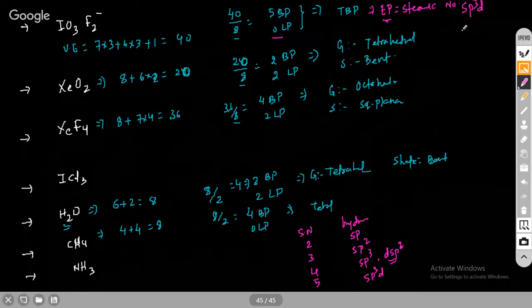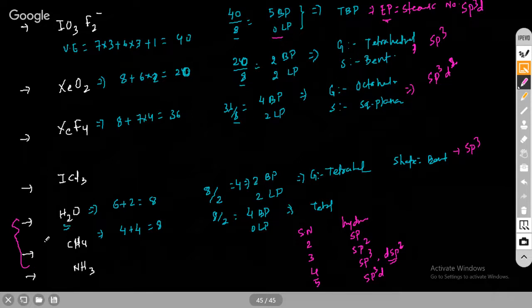Like here you see it is 4, so hybridization is sp3. If it is 6, then hybridization is sp3d2, sorry. If 7, then it is sp3d3. If here it is 4 again, so hybridization is sp3 for all these molecules.